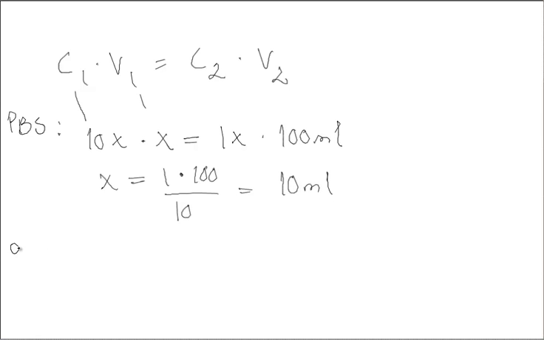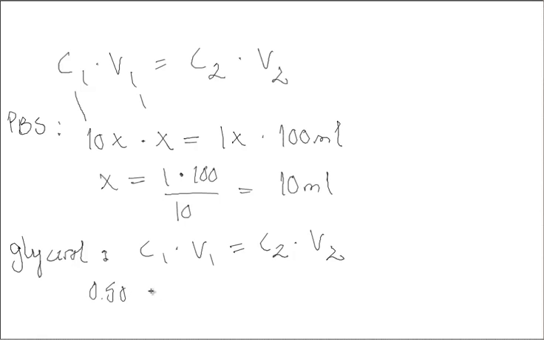And the next one is the glycerol, and it's also a dilution, so we can use the formula C1 times V1 equals C2 times V2. The glycerol stock solution is 50%, and we can write the percentage as decimal 0.5 times X, because V1 we don't know how much to take from the stock solution. C2 is 20%.